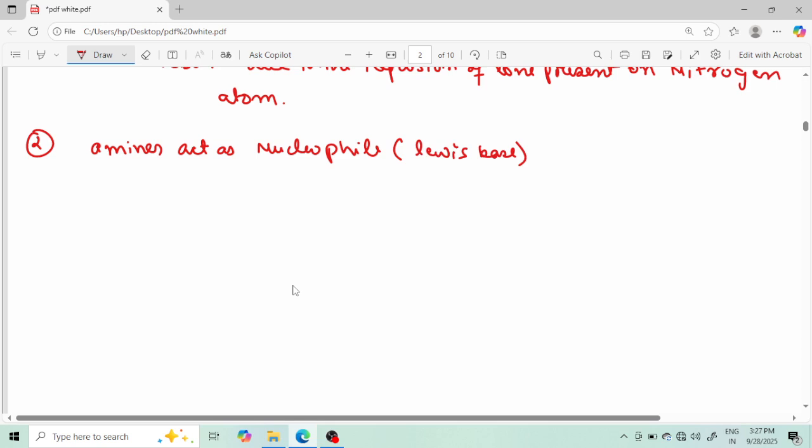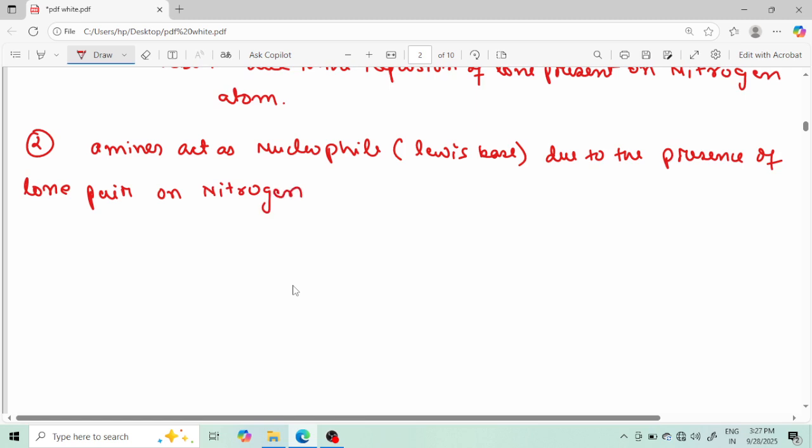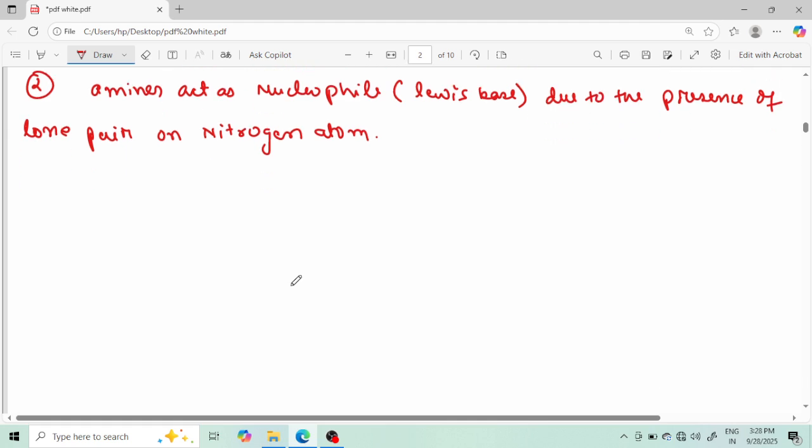The reason is the presence of a lone pair on the nitrogen atom. So due to the presence of a lone pair on the nitrogen atom, amines also act as nucleophile, or also called Lewis base. Alright, now these are the two note points that you have to memorize.